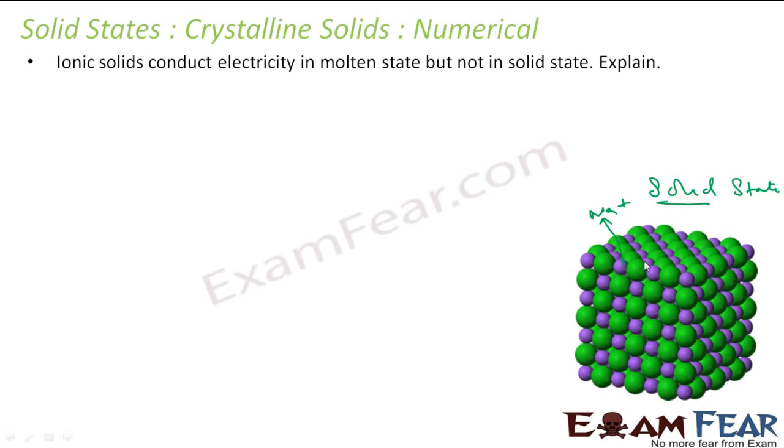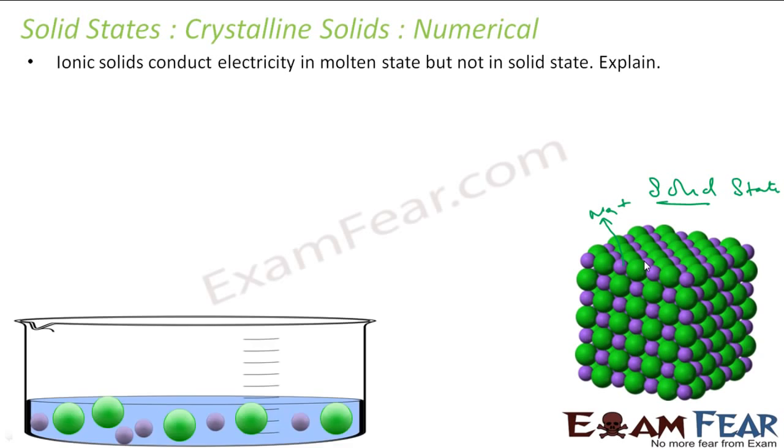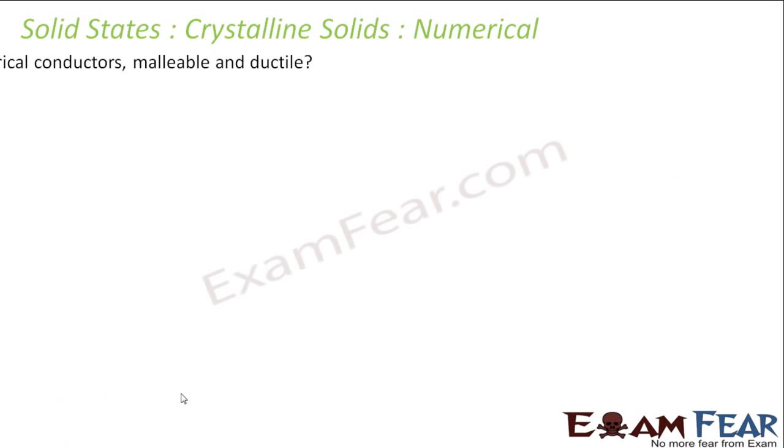They are not allowed to move. So they don't conduct electricity. There are no free ions or electrons. But in molten state, they break apart. This becomes Na+, this is my Cl-. So they have free ions in the molten or aqueous state. Since they are free ions, they are free to move around. They conduct electricity.